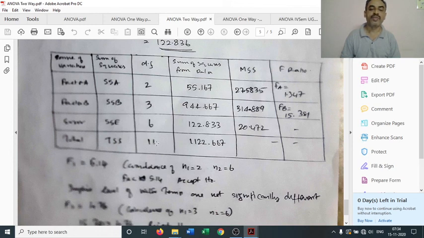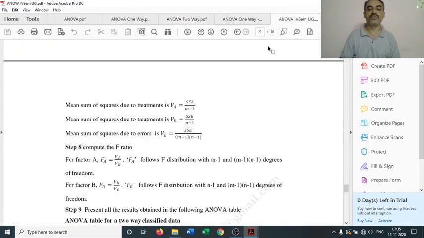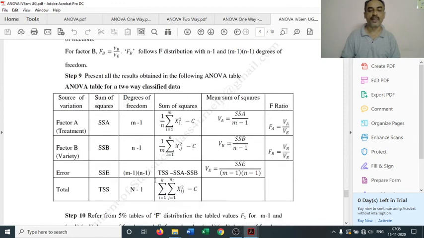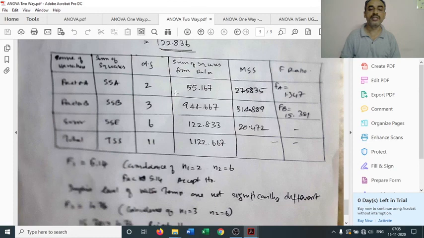Now the total number of observations is 12, 12 minus 1 is 11. From 11 we have to subtract 3 and 2, that is 6. Or we can easily find it by multiplying these two, that is m minus 1 into n minus 1. So the degrees of freedom for the error sum of squares will be m minus 1 into n minus 1. So that's about the various degrees of freedom.